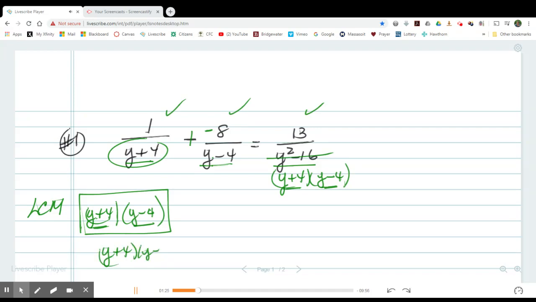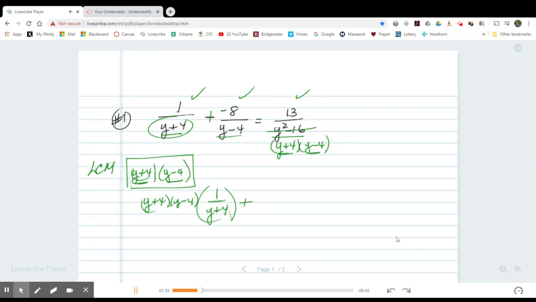So I'd have y plus 4 times y minus 4 times 1 over y plus 4, I'll put this in parentheses, plus y plus 4 times y minus 4 times negative 8 all over y minus 4, equal to, once again, y plus 4 times y minus 4 times 13 over, you guessed it, y plus 4 times y minus 4. You can see these two are going to cancel out. This is going to leave me 13 all by itself.